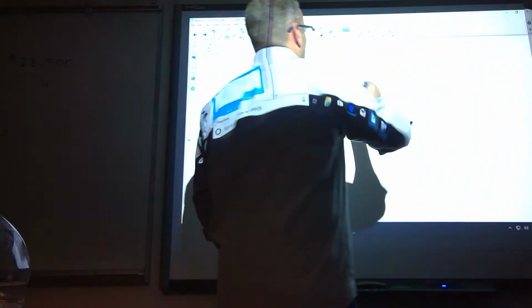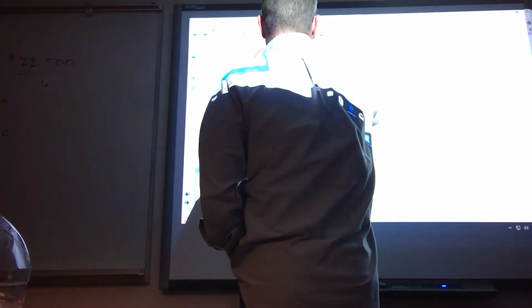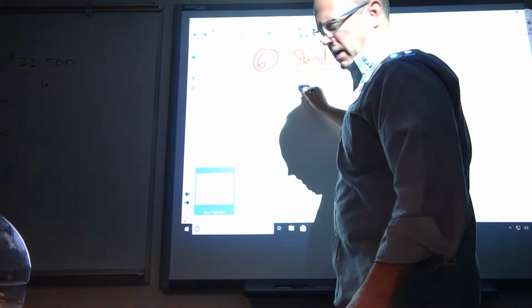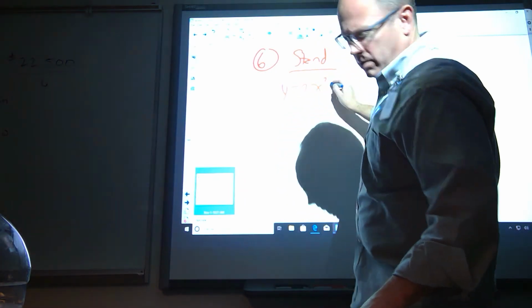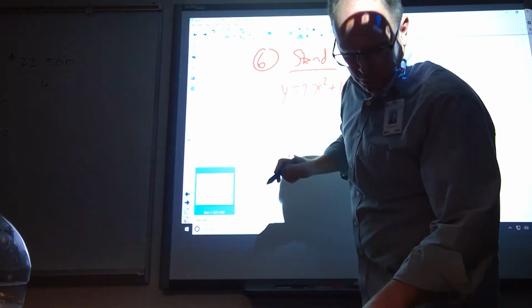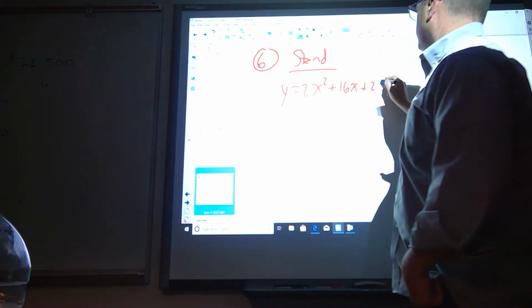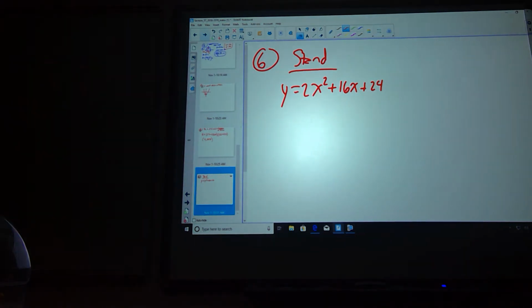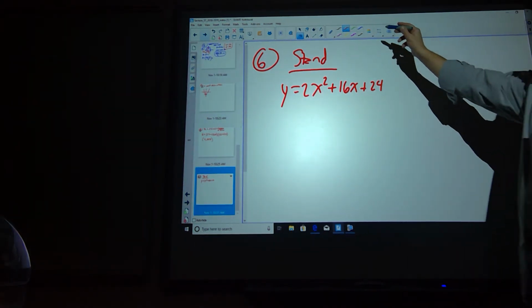So they tell us that standard form is y equals 2x squared plus 16x plus 24, right? Okay, so I want to put this in vertex form.